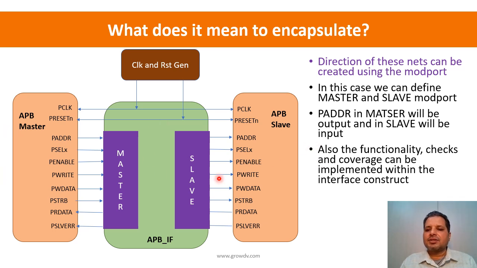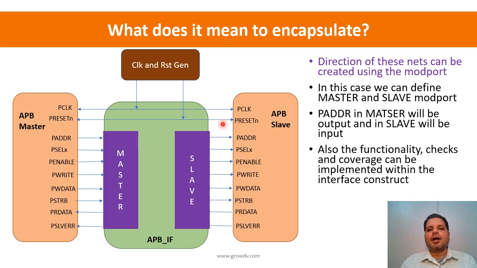That's the difference in perspective. Now if I do that, I have this interface with a bunch of wires, and then I have a view of these wires from the master side. What that view means is I would have just declared P address as a logic, and then from the master's point of view, that logic P address would be viewed as an output. And from the slave side, that logic P address that I had declared over here would be viewed as an input.